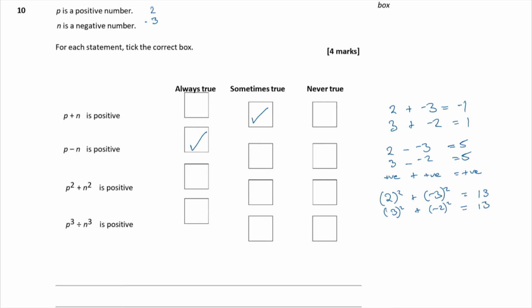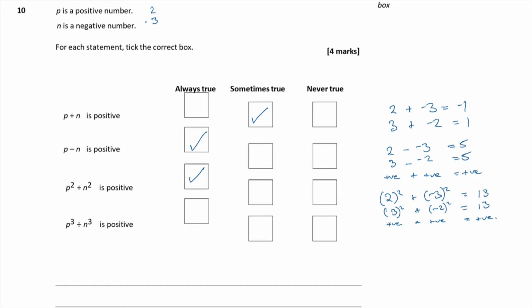Because when you square a negative, you always get a positive, don't you? Okay, so a negative squared is always positive, and again we're going to have a positive plus a positive, and that is always then going to be a positive. Okay, so that one is also always true.